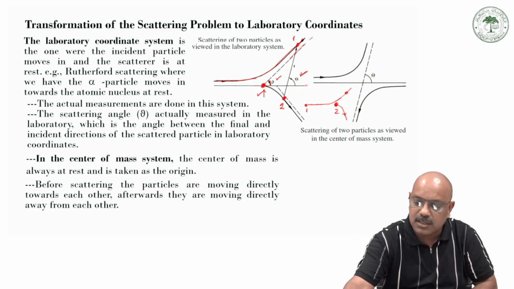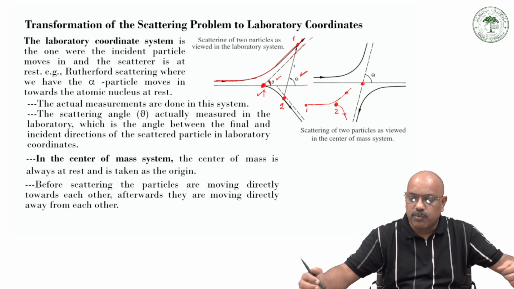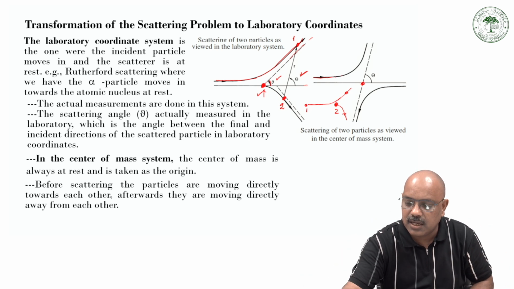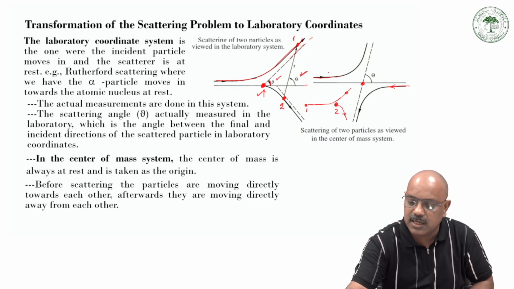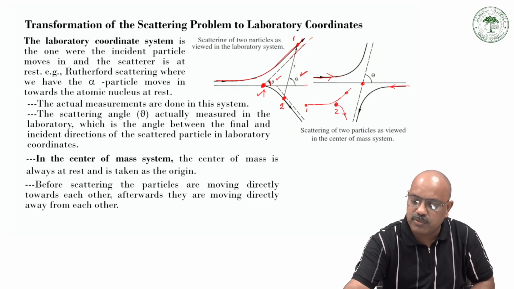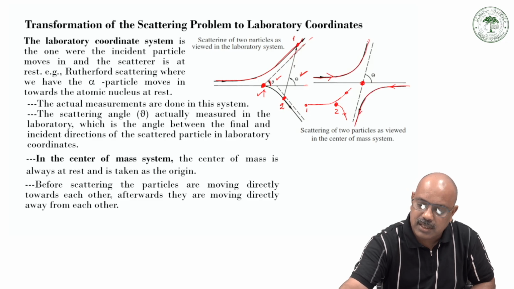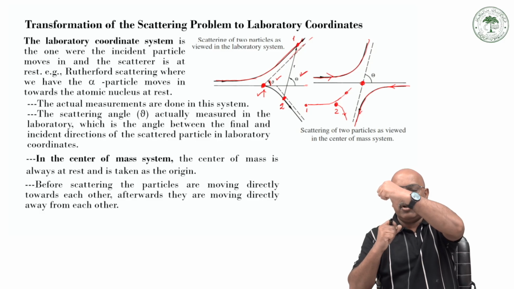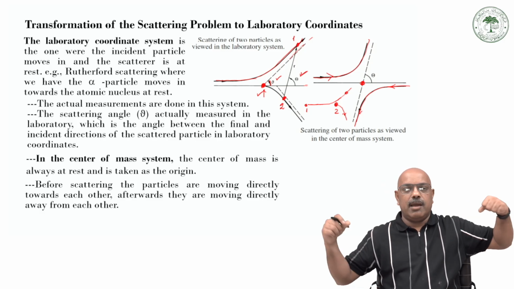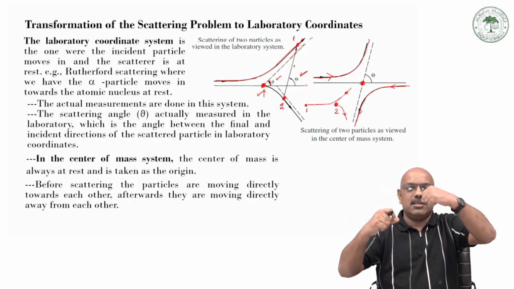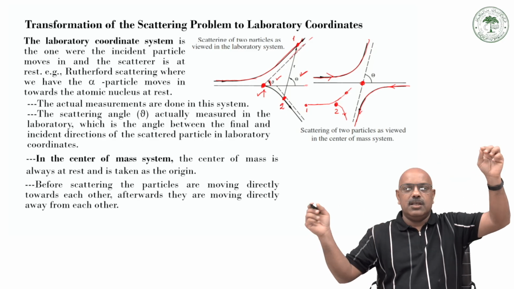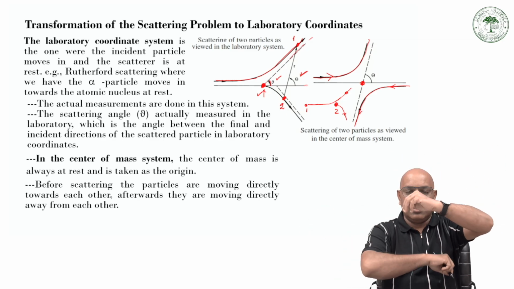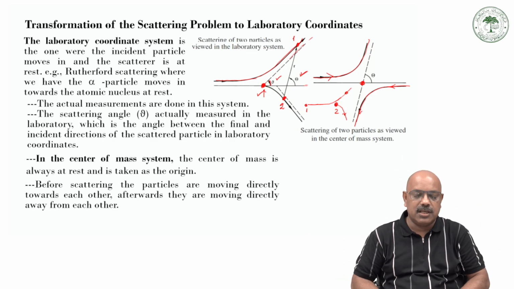So one particle comes in one direction and the second comes in the opposite direction, and then they repel each other. It is not that one is stationary and the other comes and goes away because of some recoil. Here this goes this way and this goes this way. So this is the repulsion in the center of mass.